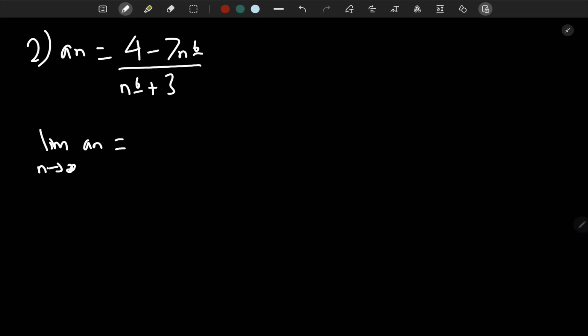So the leading coefficient is negative 7, over the leading coefficient in the denominator, which is 1, and the final answer here is negative 7. And this only works if the powers of n are the same in the numerator and the denominator.